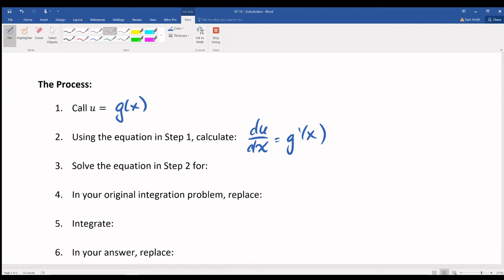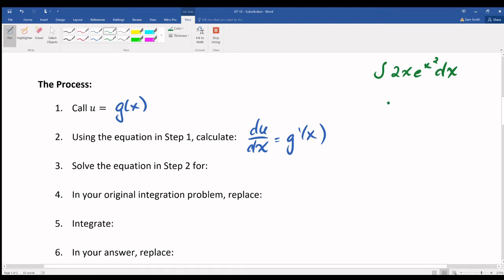Now let's get a running example to apply to the function 2x e to the x squared dx. In our running example, the u is the x squared that has appeared, and du dx is equal to the 2x which appeared in front.